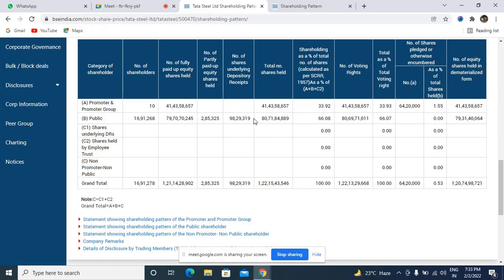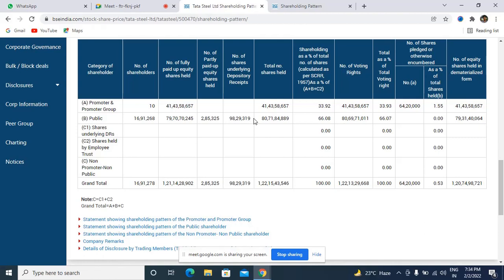In financial institutions there are majorly two categories. One is DII, domestic institutional investors, and the second one is FII, foreign institutional investors. Now under this DII part, there can be insurance companies, mutual funds, portfolio managers, and so on.